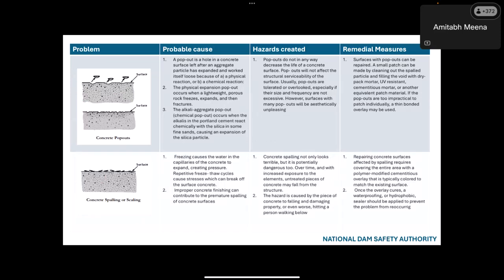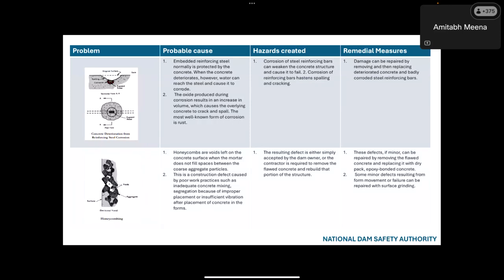So these are similar problems like concrete pop outs, where the concrete looks very porous at the surface, and some concrete is popping out. These are mostly quality issues, which can be repaired immediately. This can also be caused in areas where there is snowfall, as freezing and thawing can cause such problems.